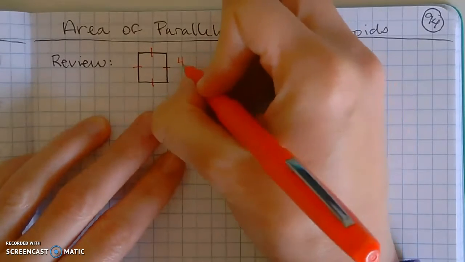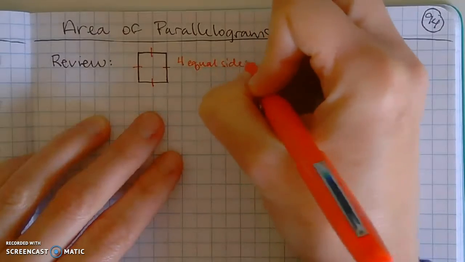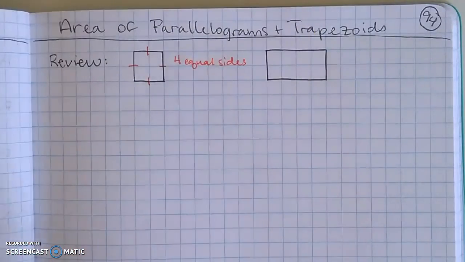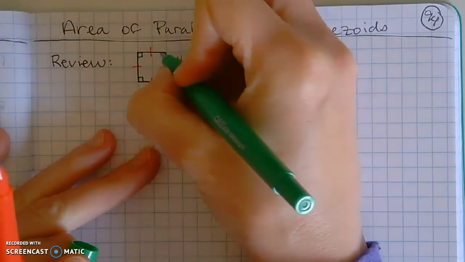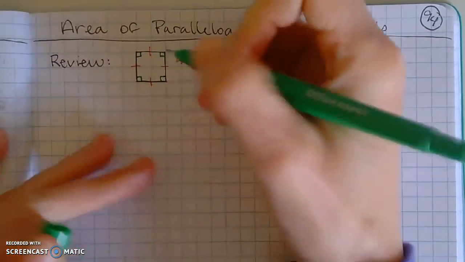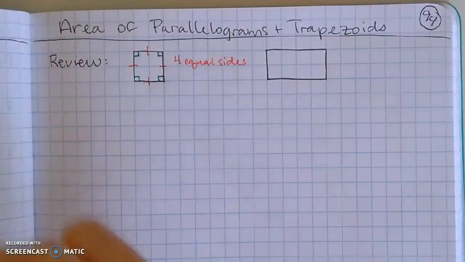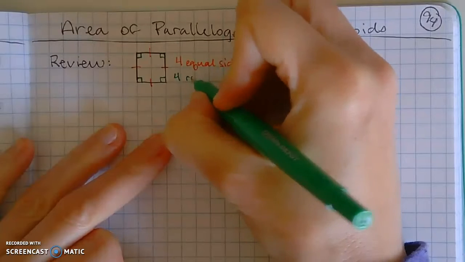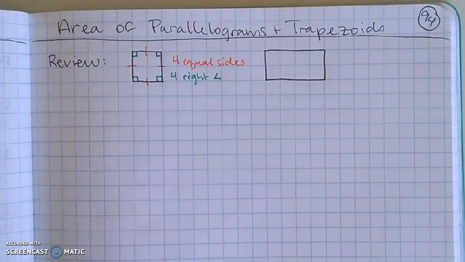So we say 4 equal sides, and they have to have 4 right angles. This is a right angle, this is a right angle, this is a right angle, and this is a right angle. So you would then have 4 right angles, and I'm going to abbreviate it that way.